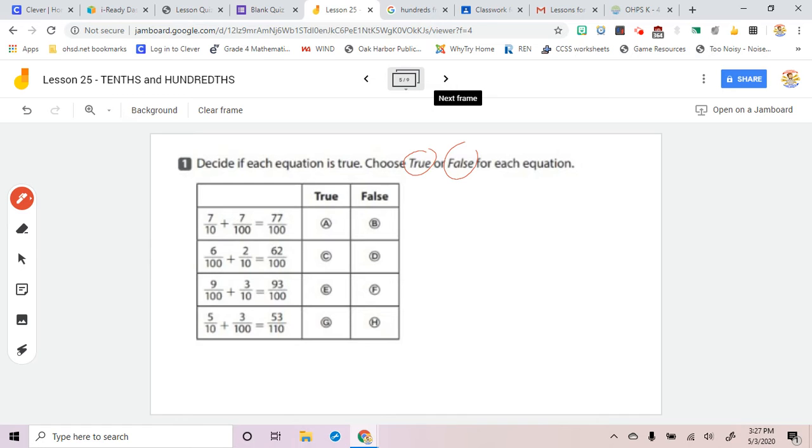True or false? 6/100 plus 2/10 is the same as 62/100. True or false? 9/100 and 3/10 is the same as 93/100. True or false? 5/10 plus 3/100 equals 53/110. True or false? So go ahead, pause it, and solve it.